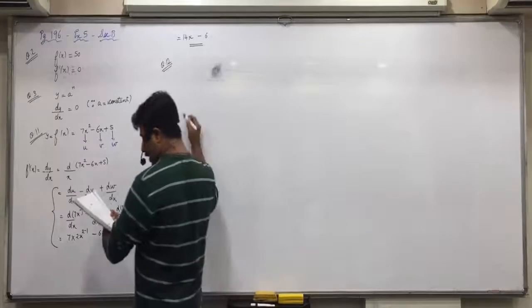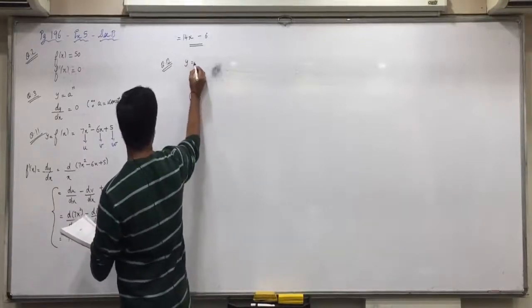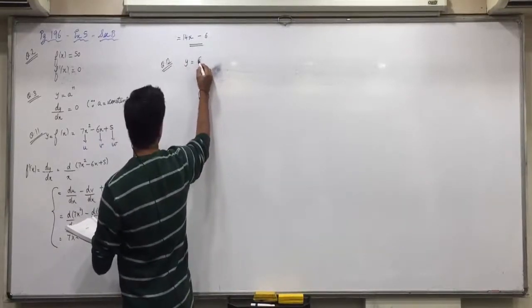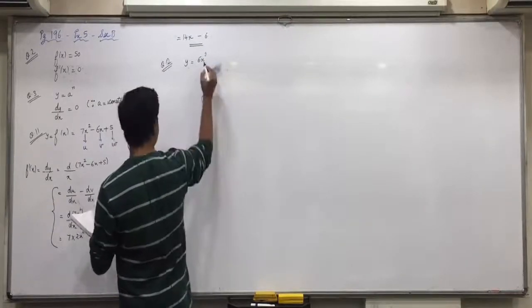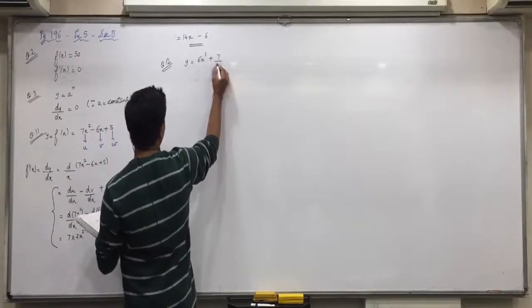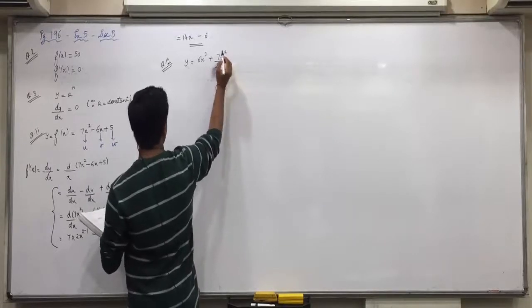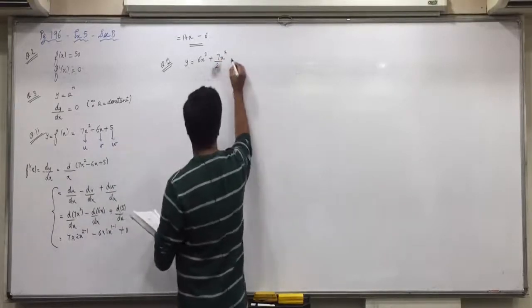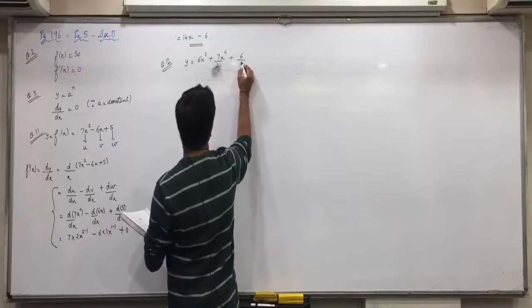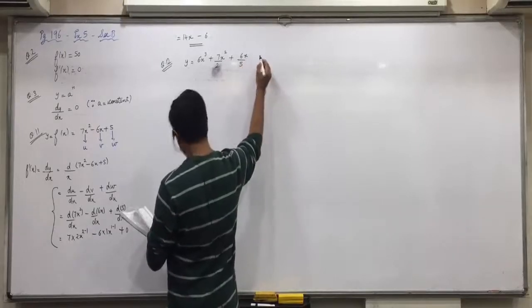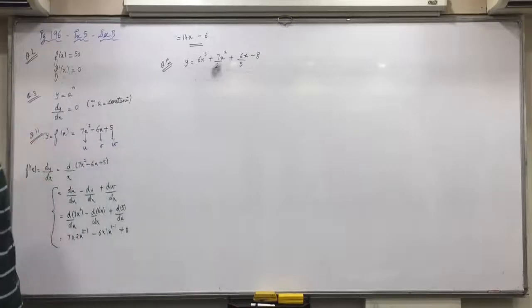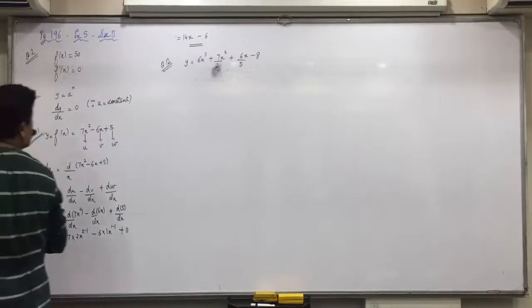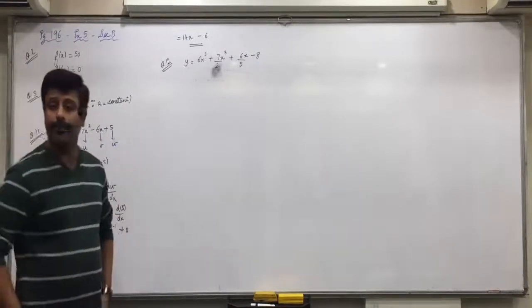Find dy by dx if y equals 6x cube plus 7 by 2 x square plus 6 by 5 x minus 8. Now be attentive.